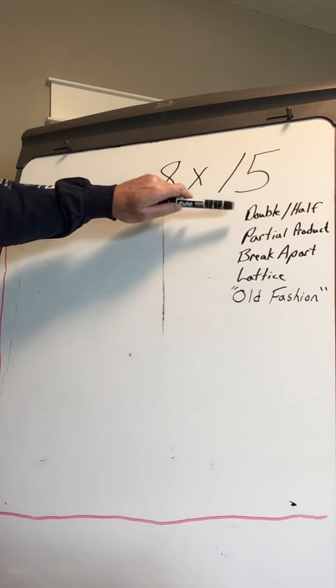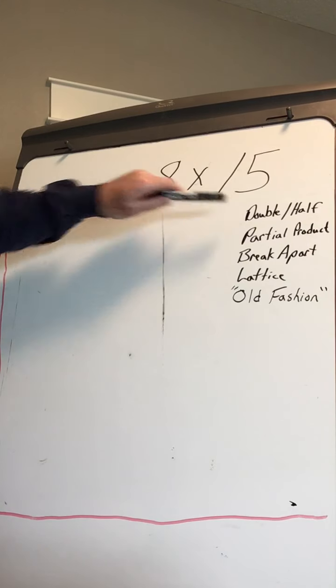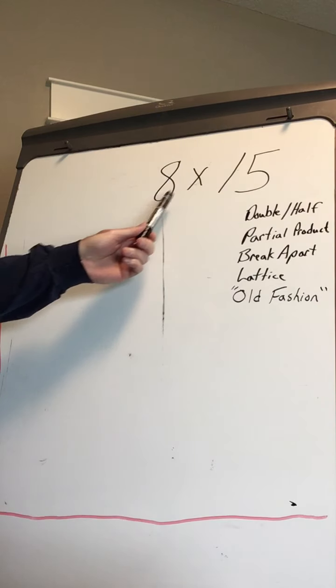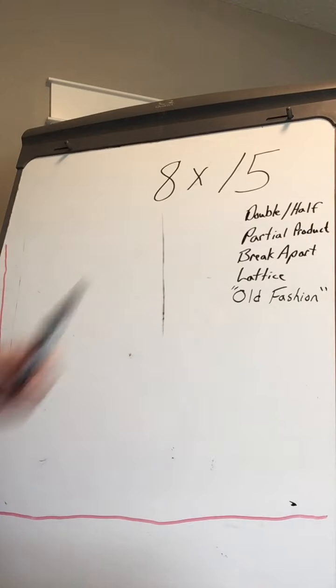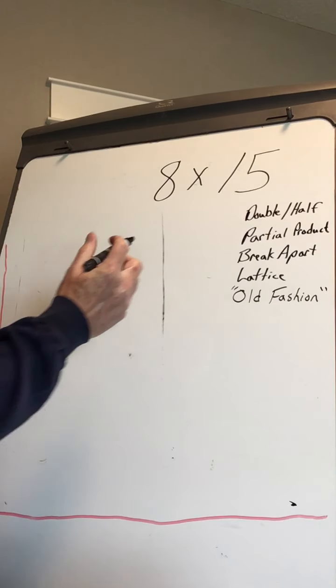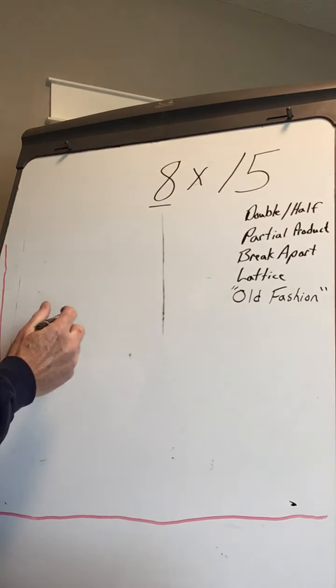So, starting with the double or half, I always look at the problem that we have and see if there is a number that is even. If there's a number that is even, I know I can take half of that product to make my problem a little bit easier. Now, the factor that is even is the 8.